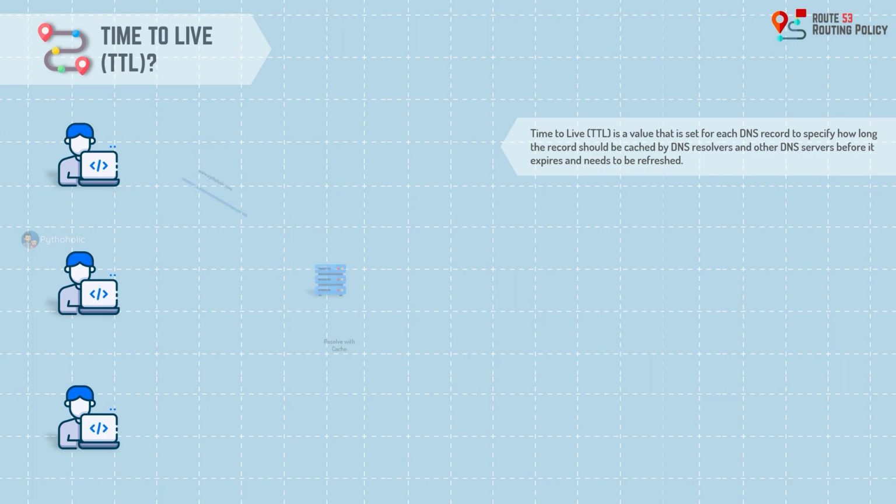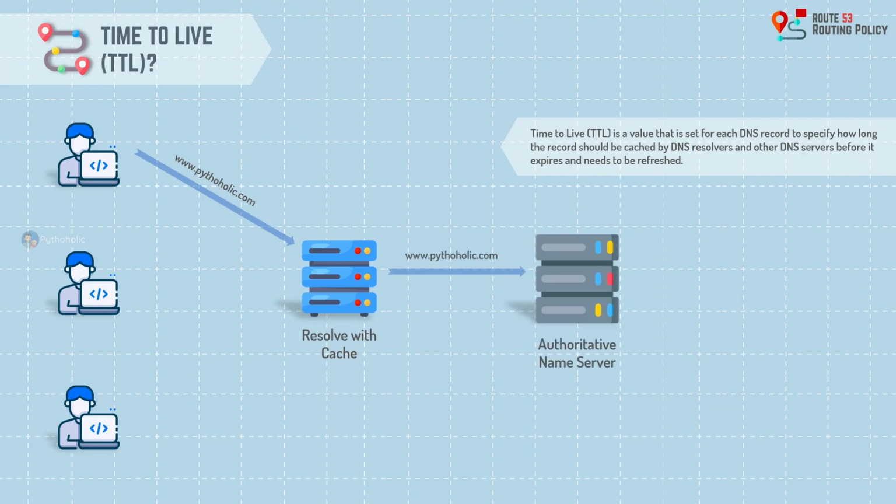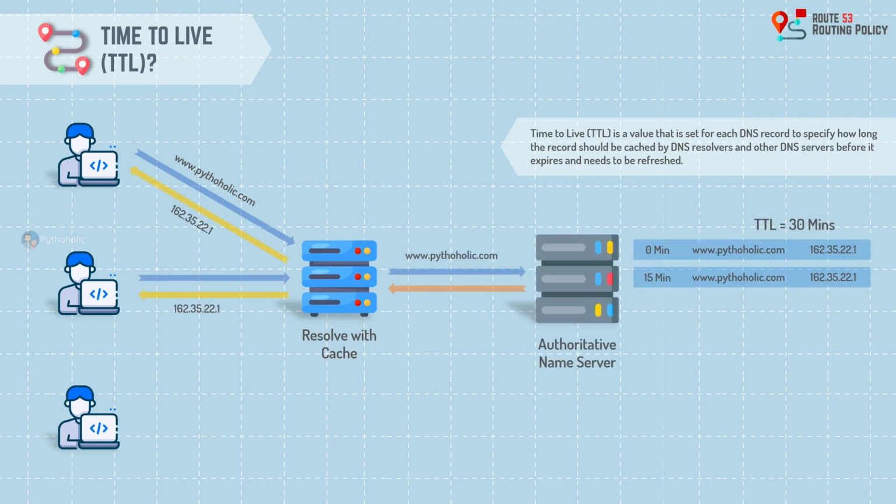Here we all are trying to connect to Pythoholic.com. It reaches the resolver with the cache. Then it reaches the authoritative server for resolution. Here each of the users gets a response back, but the third user gets a new IP. Because of time to live. Here you can see at the 0th minute, www.pythoholic.com resolves to 162.35.22.1.